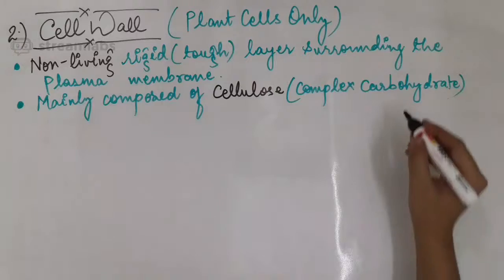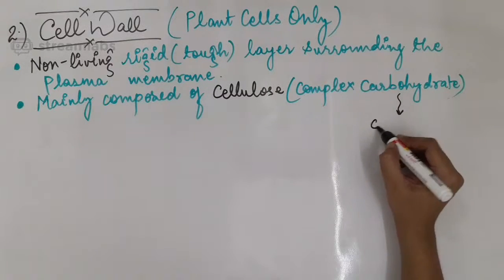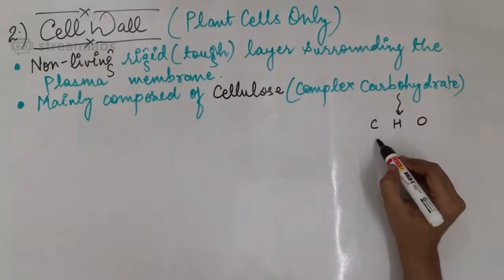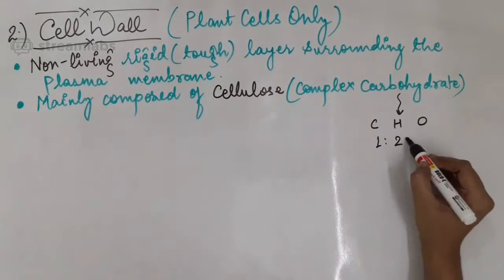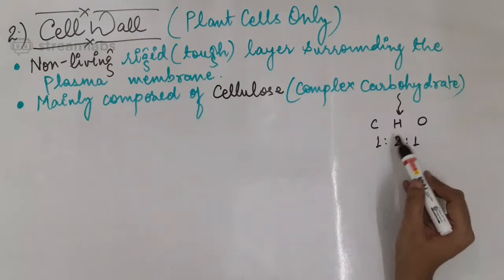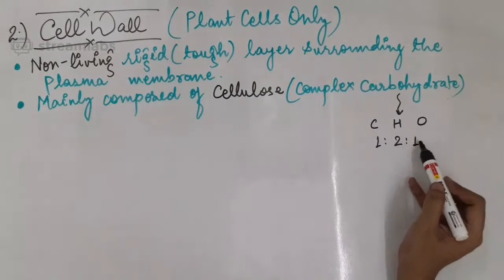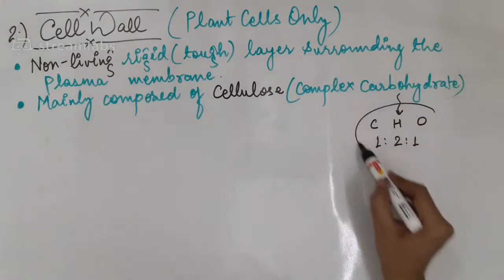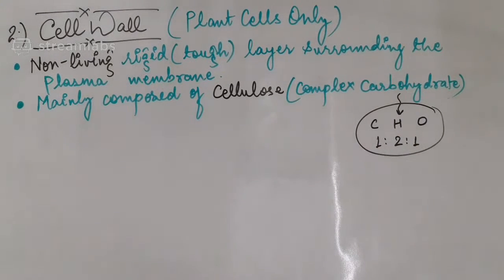It is a mixture of carbon, hydrogen, and oxygen in the ratio of 1:2:1. That means 1 molecule of carbon, 2 molecules of hydrogen, and 1 molecule of oxygen. This is the major source of energy on this earth, and it is also the photosynthetic product, that is sugar.